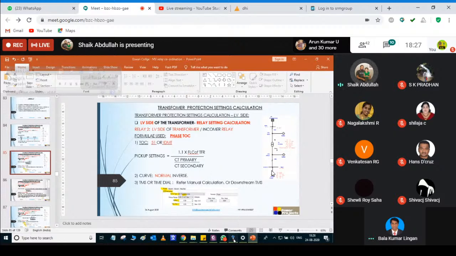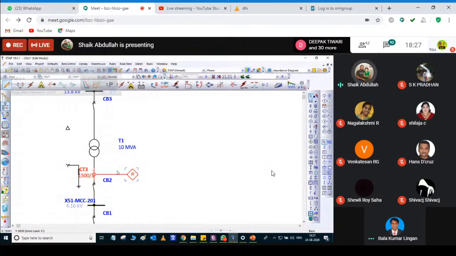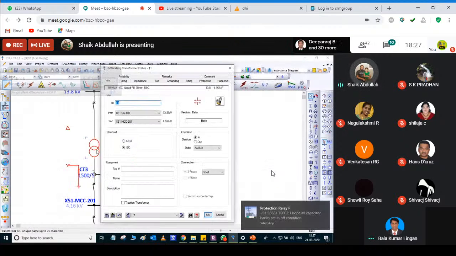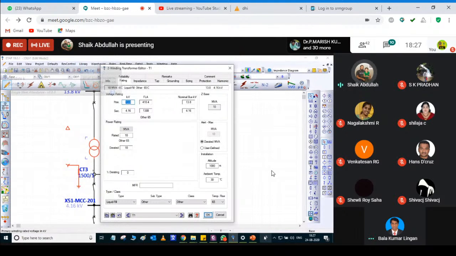So here, what is the full load current of your transformer? It's showing different, it's not the one. Actually, you have to choose the value here. What is this? How much? I think it's 1388 into 1.1 divided by your CT ratio of 1500.